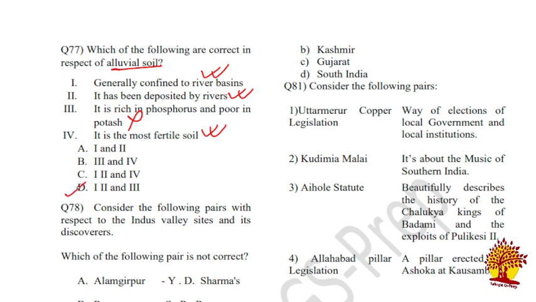The geographical location of alluvial soil is across Indo-Gangetic and Brahmaputra river. You can get alluvial soil across UP, Bihar, Paschim Bengal. Okay, they are formed due to wave action of river.